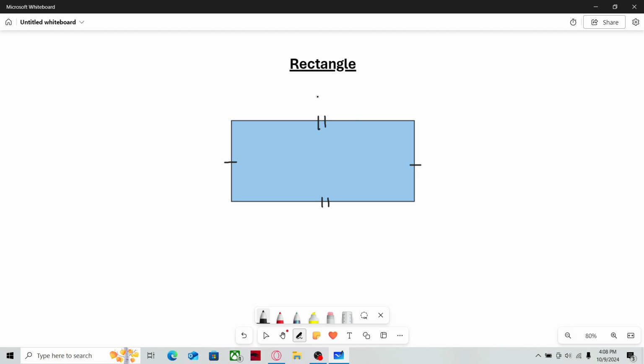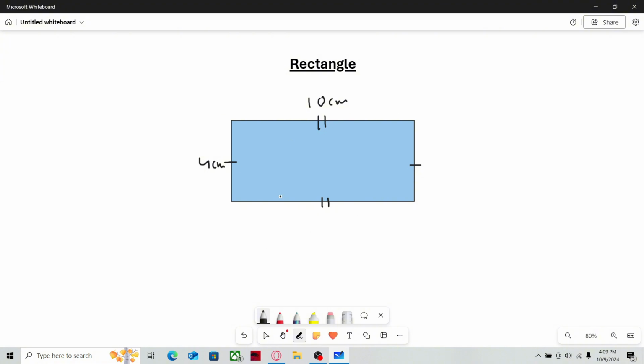It doesn't matter what the numbers are. If it is 7 centimeters here, it is 7 centimeters here. If it is 4 centimeters here, it is also 4 centimeters here as well. Got it? No matter what the number is on each side, you can easily identify one length if you know its opposite length. For example, let's just assume this is 10 centimeters and this is, let's say, 4 centimeters.